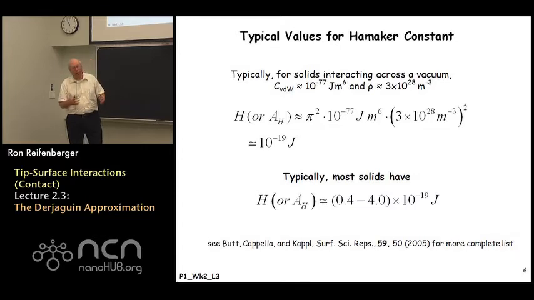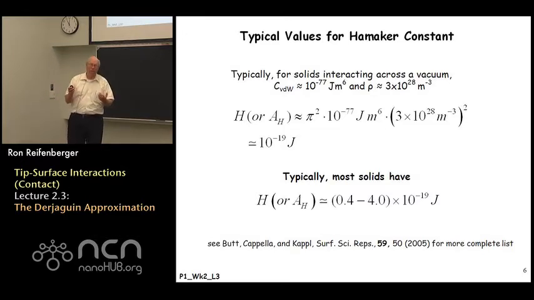It's probably worthwhile to estimate typical values for these Hamaker constants. We've introduced this constant H on a number of occasions, but we actually have not estimated how big it is. So in this particular slide, I just go to the textbooks. I find that typical values for the van der Waals constant C are on the order of 10 to the minus 77 joules meters to the sixth.